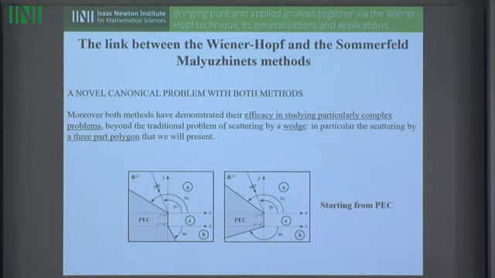Studying complex problems can be done with a generalized version of Wiener-Hopf and a generalized version of Sommerfeld-Malyuzhinets, which are effective for wedge problems, but we can go beyond, and we will treat the three-part polygon, starting from an impenetrable structure.